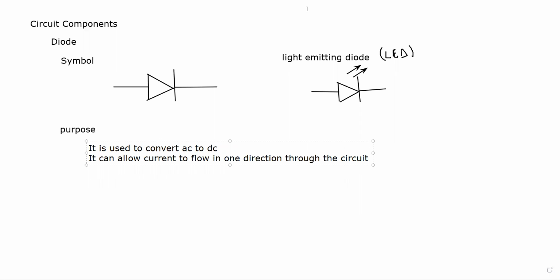How it works, the working of the diode. Look, if you see these symbols, what is this symbol used for? Any idea? When you are using videos, maybe you have seen this symbol.